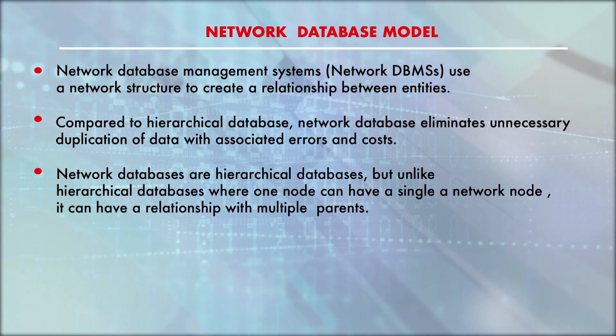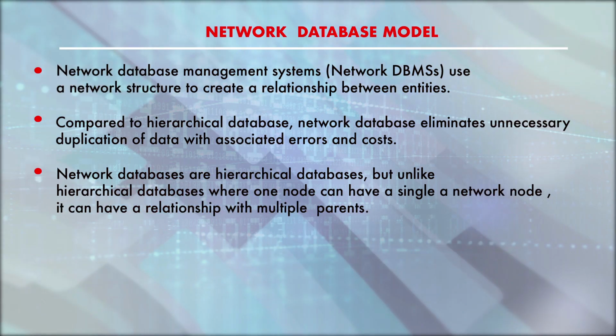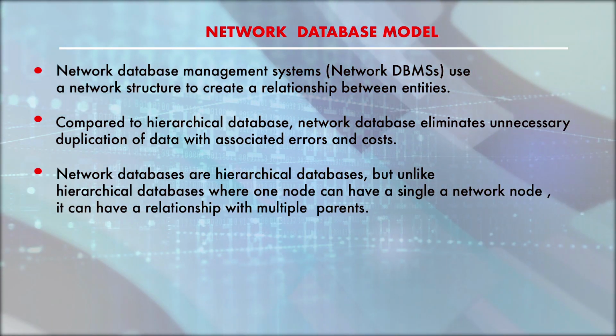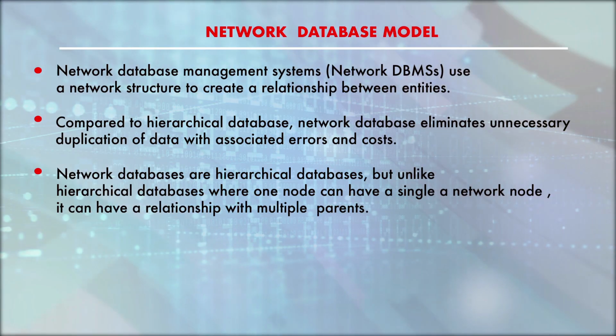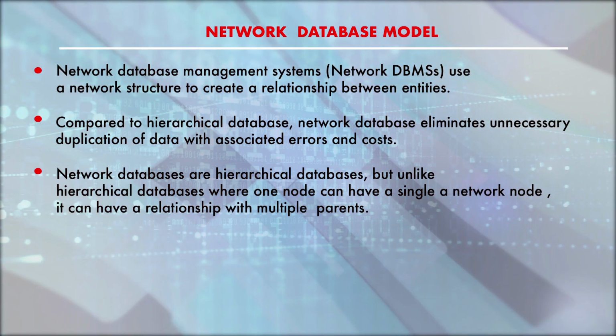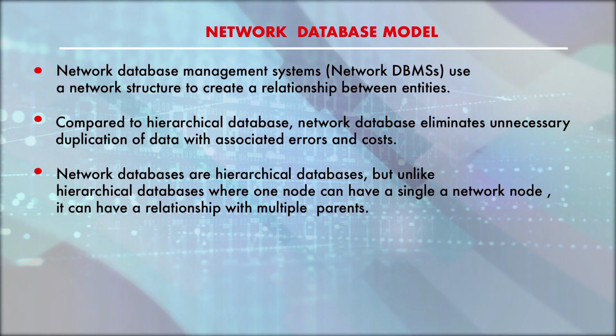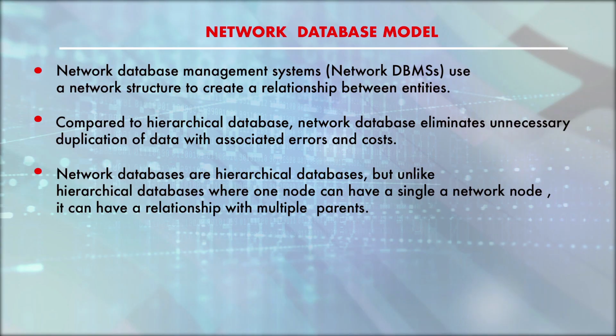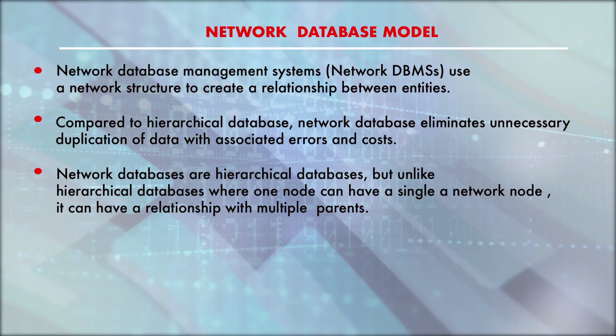The network database can also be seen on similar grounds to the hierarchical database, but unlike the hierarchical database, it has more relationships or multiple parents. This is the main difference between these two. And as far as storing and searching operations are concerned, obviously it is much faster than the sequential one.